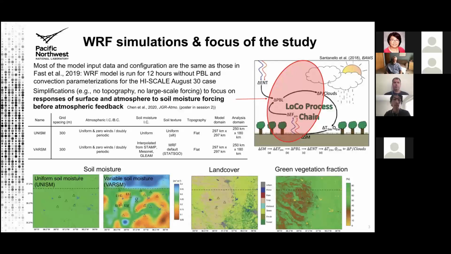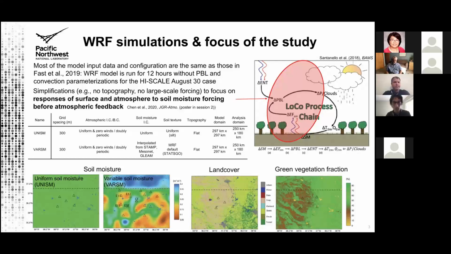We also focus on the local response to the soil moisture, meaning we are not looking at later in the afternoon where the feedback from the atmosphere is important, like in the previous talk. For this feedback part, our colleague Jingjing Qian already studied it in detail and published a 2020 paper, so please check it out. She has a poster about the cloud structure on the same case as well. And other details are given in the table, so you can check them out in my poster.